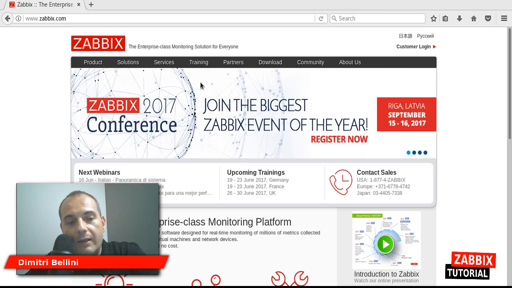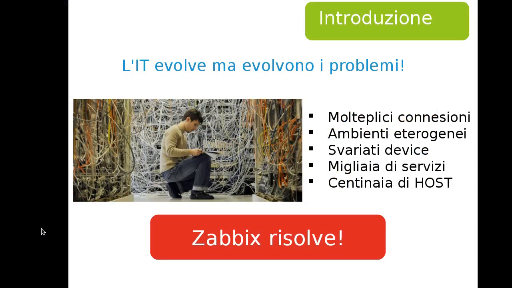But today I want to show some slides to better understand the story of Zabbix. This slide is in Italian in some parts, but the concept is that IT is a mess of wires, very complex.